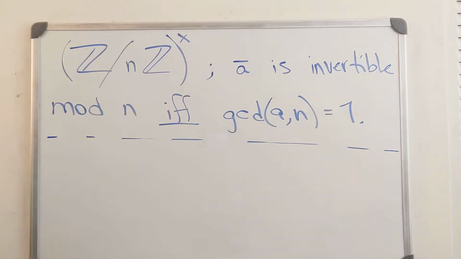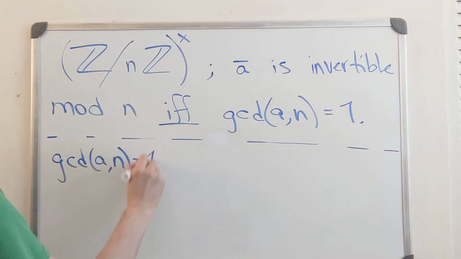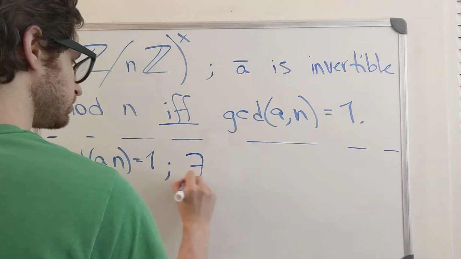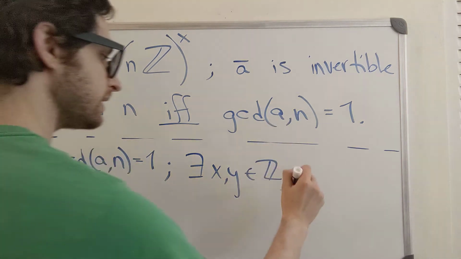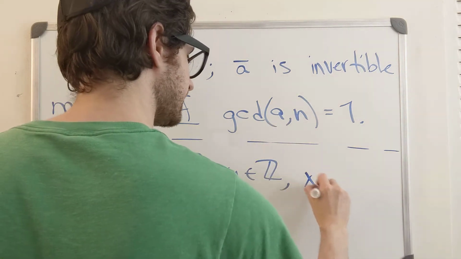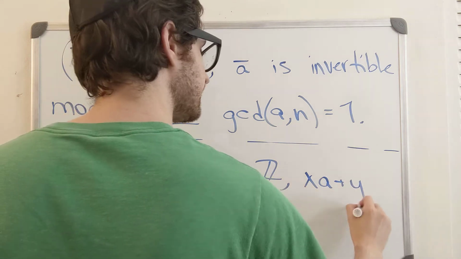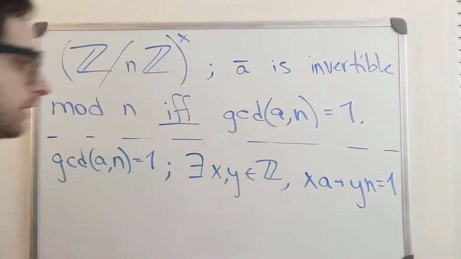Okay, so we'll assume that GCD of a and n does equal 1. Now I'm going to use a theorem which follows from the correctness of the Euclidean algorithm, which says that there exist integers x and y such that xa plus yn equals 1.